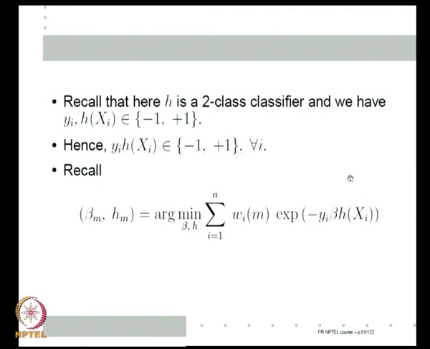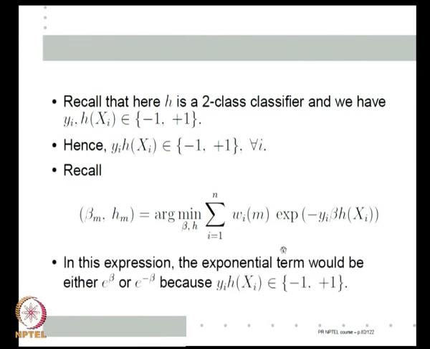The y_i h(x_i) factor takes only minus 1 or plus 1 values. This means for each i, this exponential factor depends on i, but it can only take one of two values. On each i, it is either exponential minus beta or exponential plus beta. So, this expression can be either e to the power beta or e to the power minus beta, because y_i into h(x_i) is always minus 1 or plus 1.